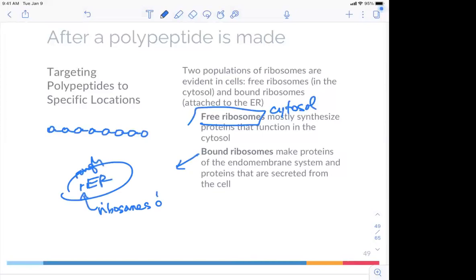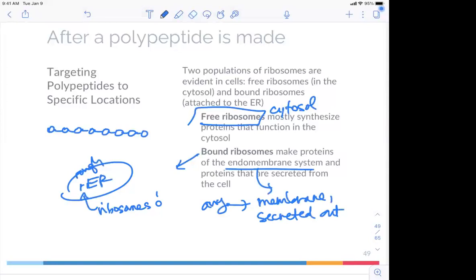And any of the proteins that were made on your RER are going to be used either, they're going to be transported to the membrane. They're going to leave, they're going to be secreted out. There might be some sort of signal peptide. They might be used for any membrane though. So nuclear membrane, other membranes, plasma membrane.